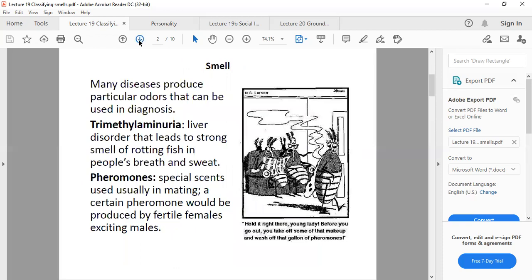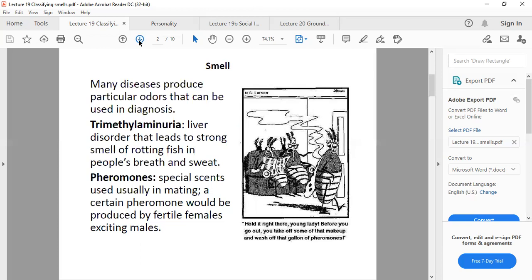Many diseases also produce particular odors that can be used in diagnosis, like trimethylaminuria, a liver disorder that leads to a strong smell of rotting fish in people's breath and sweat. And then come pheromones, special scents used usually in mating.